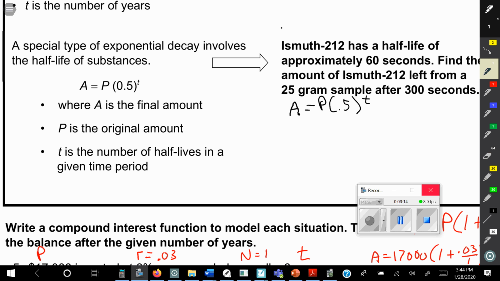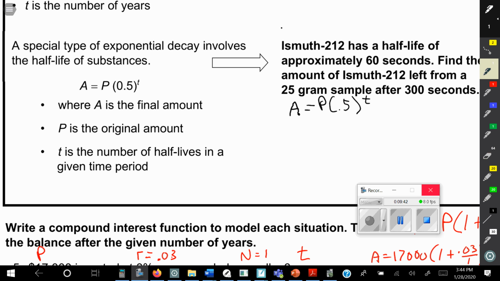So basically, your main formula is A is equal to P times 0.5 raised to the T, and the 0.5 is the half-life. Remember the P is going to be your original amount, the A is the final amount, and the T is the number of half-lives in a given time period. So, in order to figure that out, this is what you want to do.